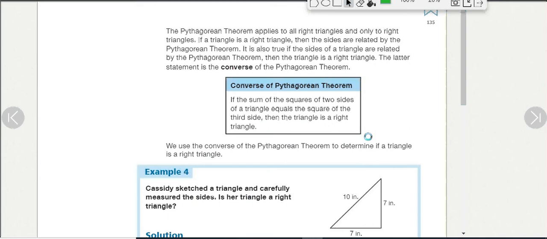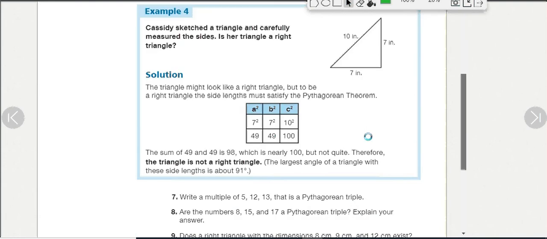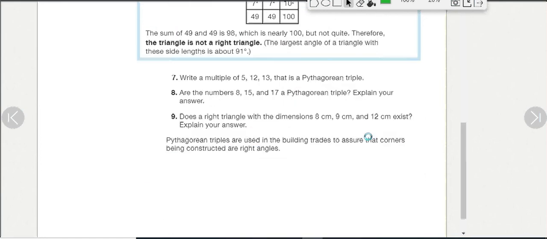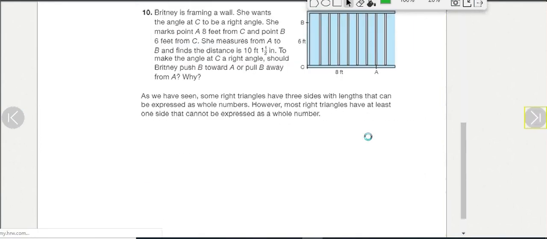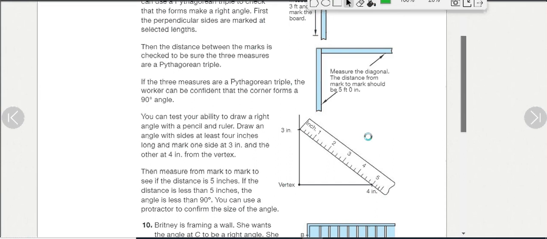It's also true that if the sides of a triangle are related by the Pythagorean theorem, then the triangle is a right triangle. So if you ever find the sides were a squared plus b squared equals c squared, but you didn't know the last angle, you would know that it is a right angle, because it had that Pythagorean relationship. So we can actually identify a triangle as right when we can prove that its lengths relate according to the Pythagorean theorem.